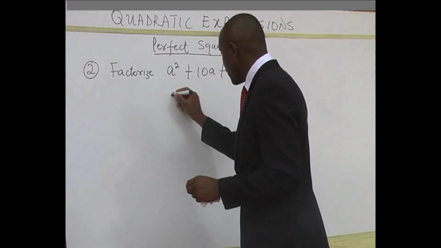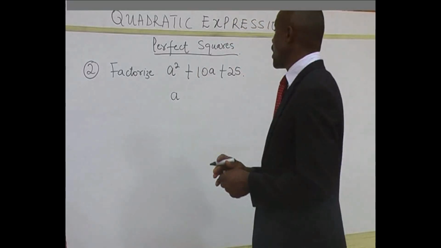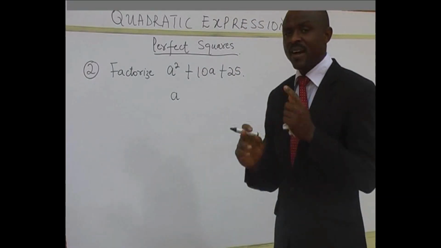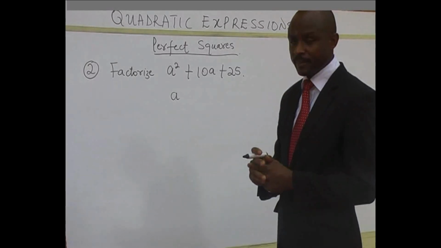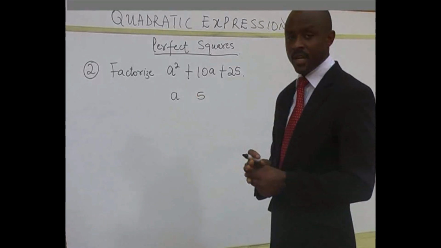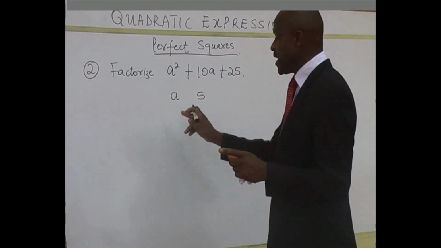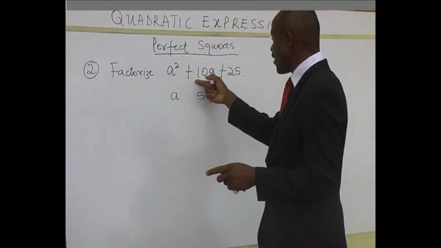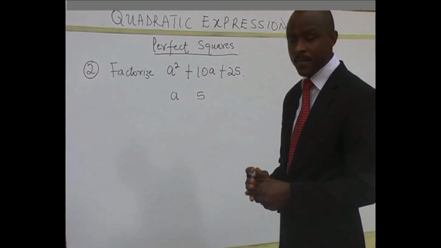So write down a. You also know that the square root of 25 is 5. That means 5 times 5 is 25. Write the 5, but don't put any sign yet. You are going to put the sign between a and 5, considering the sign you have in the middle number.